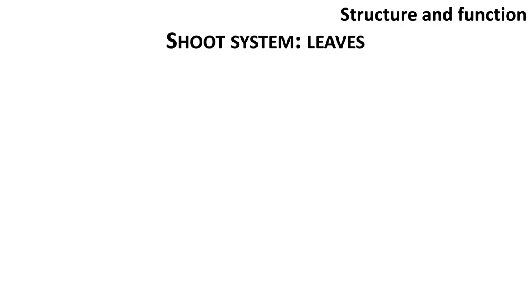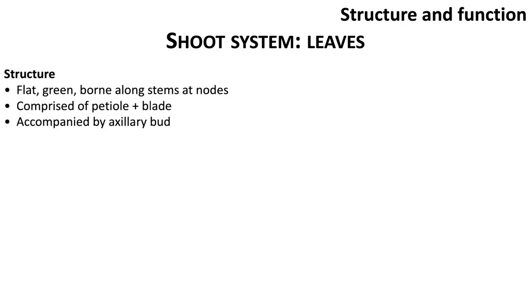Next, we'll look at leaves, the second part of the shoot system. As you all know, leaves are generally flat, green, and borne along stems at nodes, though there are a ton of fun exceptions to this rule, some of which are mentioned in your reading. The basic architecture of a leaf is that it is comprised of a petiole and blade.